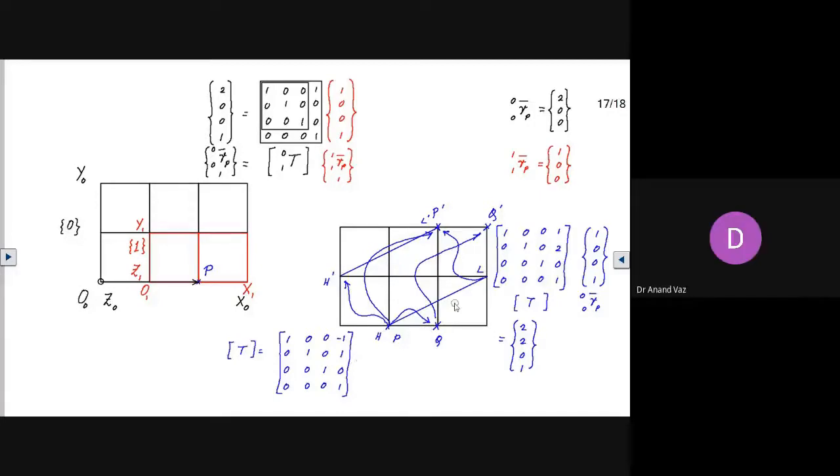So now if you operate this on this, what will you get? You will get the location of H dash. Okay, you can straight away write H dash as what? 1 into 1 as 1 plus 0 plus 0 into 0 plus -1 into 1. So what do you get?